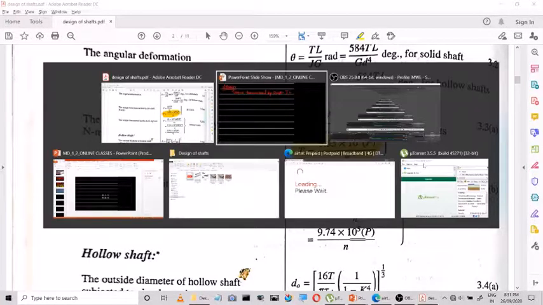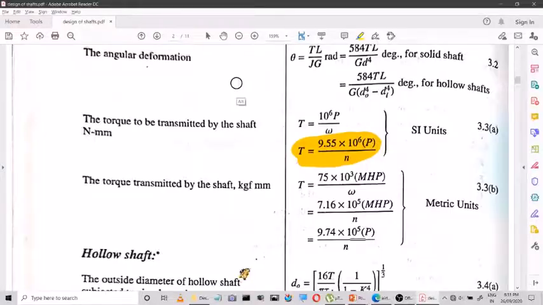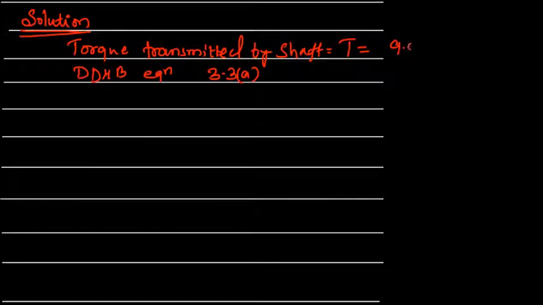Referring to the design data handbook, equation number 3.3a, T equal to 9.55 into 10 to the power of 6 into P divided by N. Some books add one more factor here, CS, which refers to the service factor.